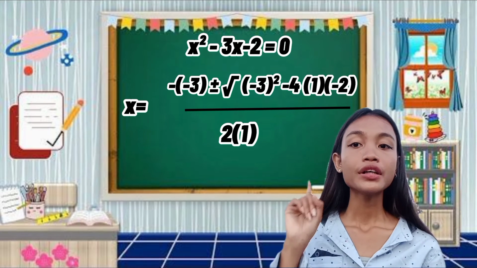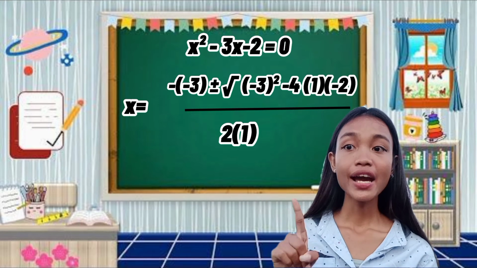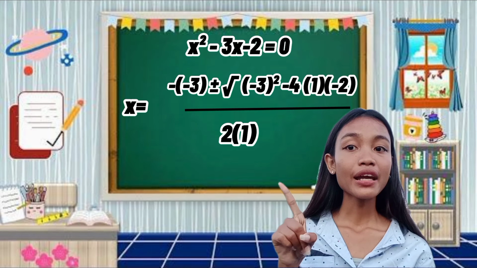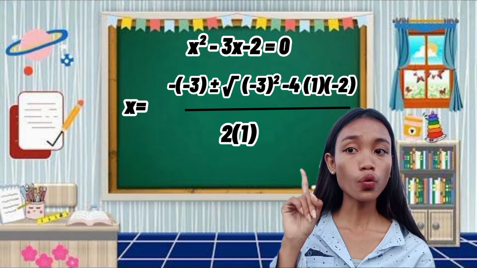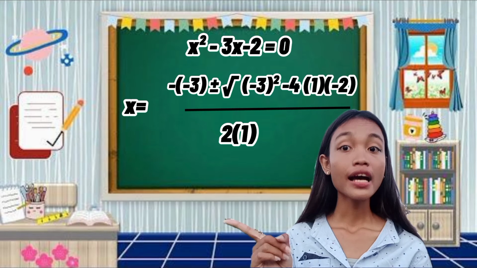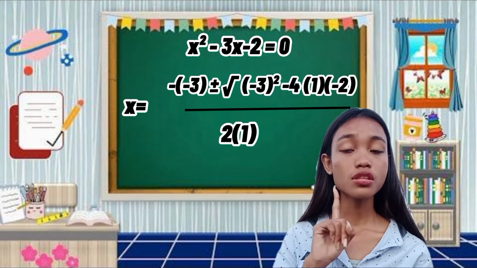So we have negative times negative 3 plus or minus the square root of negative 3 squared minus 4 times 1 times negative 2 over 2 times 1.